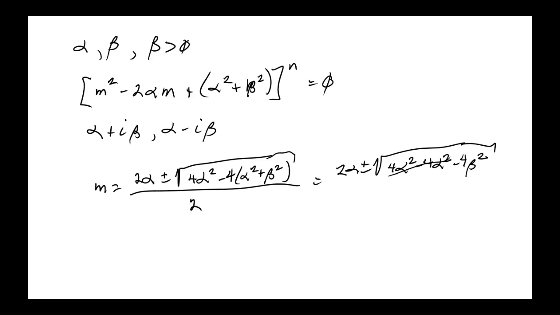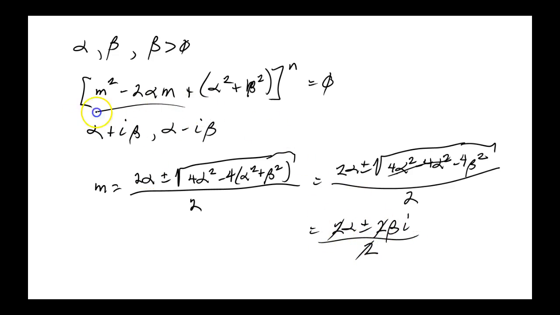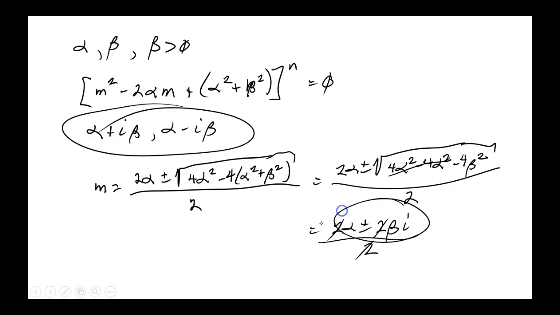And so you have the square root of minus 4 beta squared, which is obviously a negative number, and that would be 2 beta i. Oh, and this, by the way, is divided by 2. So this gives you 2 alpha plus or minus 2 beta times i, over 2. Well, the 2's go out, and that's where you get your alpha plus i beta, alpha minus i beta.